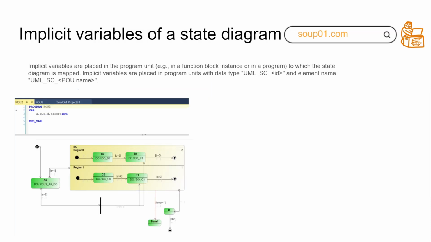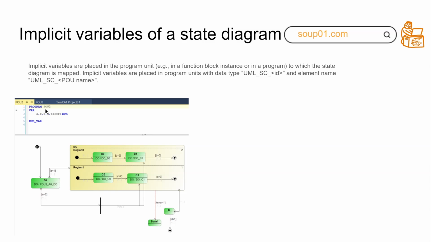Okay, let's go a little deeper into this StateChart diagram. Here is the StateChart diagram shown. The StateChart diagram has a very interesting feature mechanism called implicit variables. Variables are placed in the program unit, such as in a function block instance or in a program, to reach the state map.